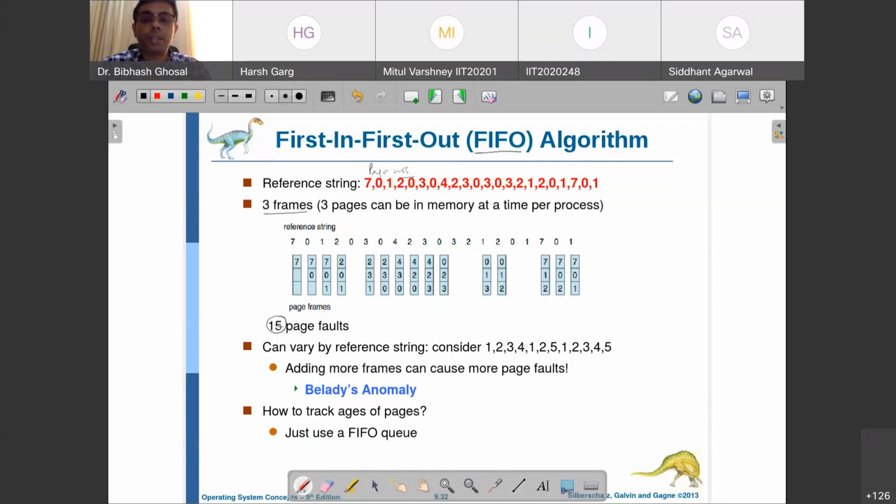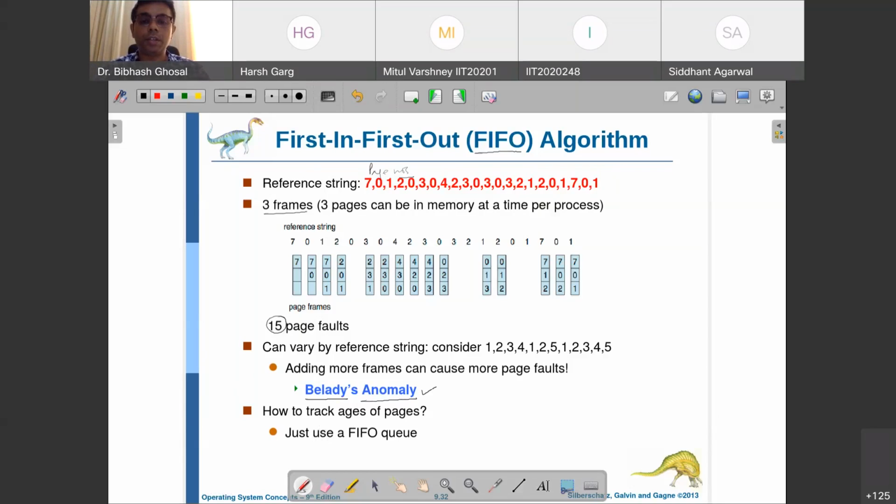But interestingly, this algorithm also has an anomaly, which we call Belady's anomaly, where in some cases increasing the number of frames actually creates more page faults. It is given in your book. Please refer to that.